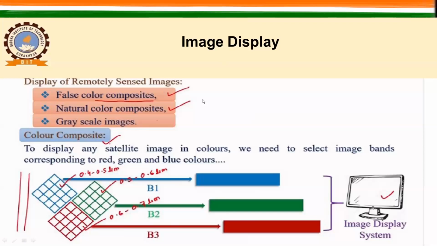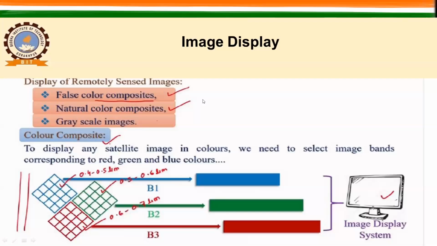This is the flexibility you will have. You have to select which band you want to represent in blue, green, or red color. If you have such flexibility and you display the combined images, those color images are known as color composite.